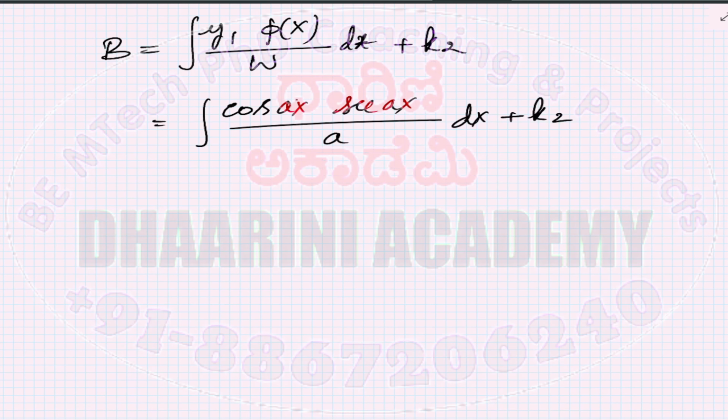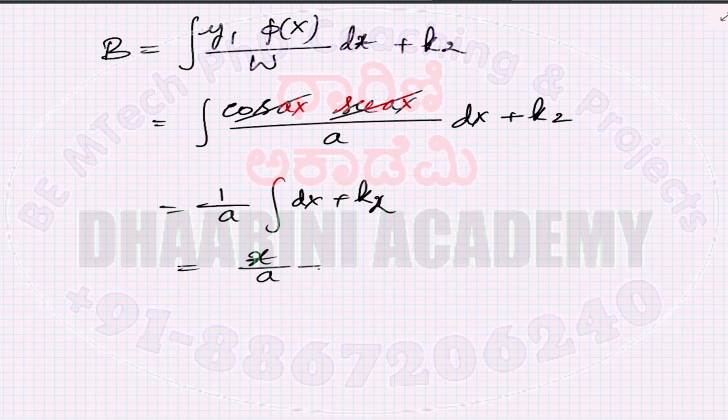If you remember, cos and secant are inverses of each other, so they will cancel each other. This is 1 by a integral dx plus k2. The integral of dx is simply x, so this is x by a plus a constant k2, that is b.